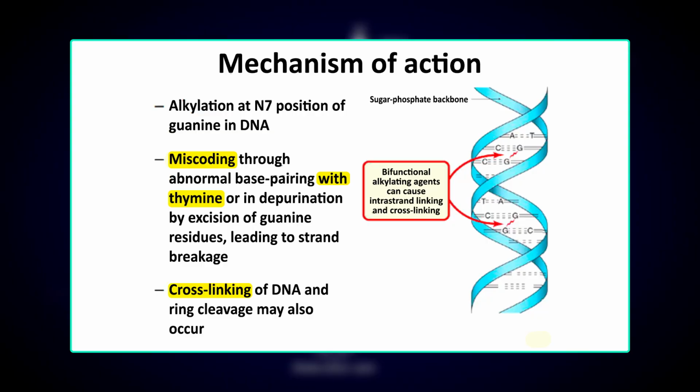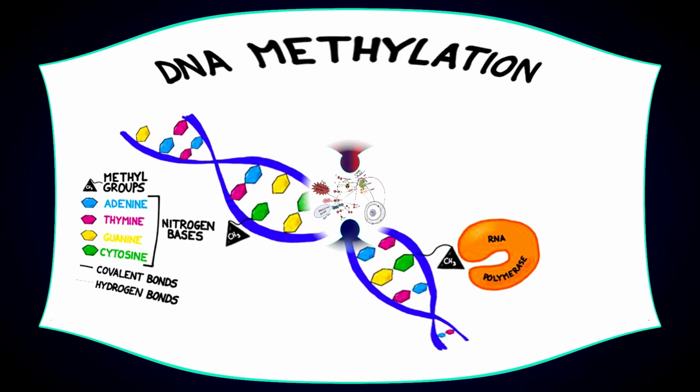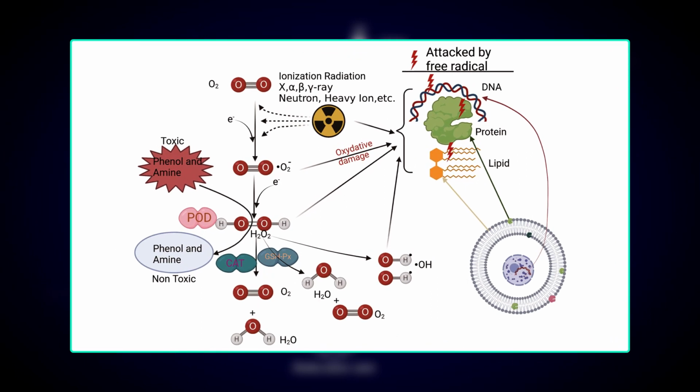The damage-causing chemicals break the backbone of the strand and chemically alter the composition of the bases. Alkylation, oxidation, and methylation cause damage to the nitrogenous bases in DNA. X-rays and gamma radiations cause single or double-stranded breaks in DNA.